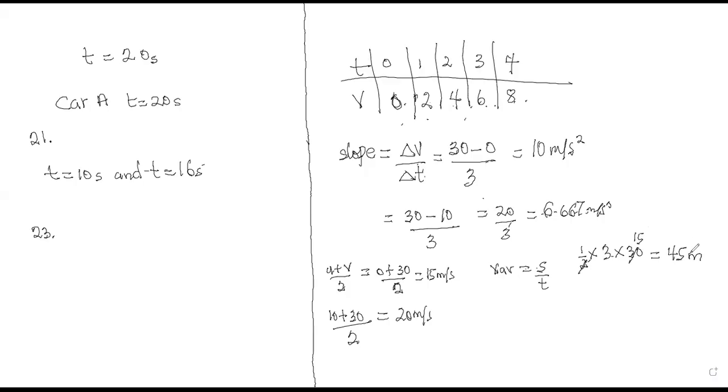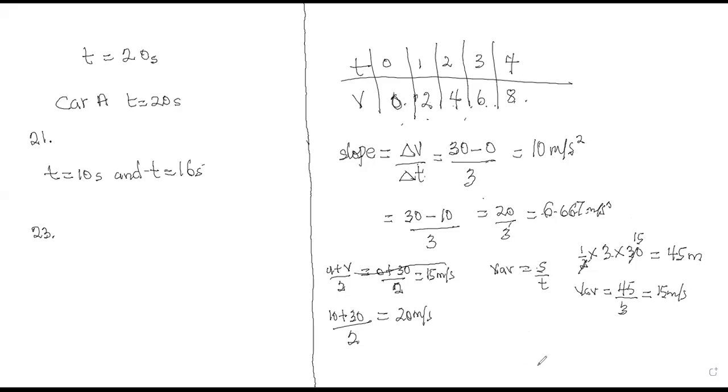So it's 45 meters. Therefore, the average velocity is 45 divided by a time of 3. What is 45 divided by 3? 15, sir. So the value is the same as before.